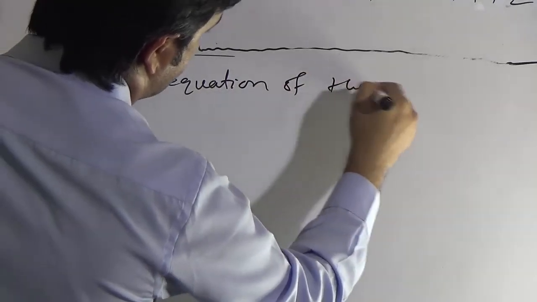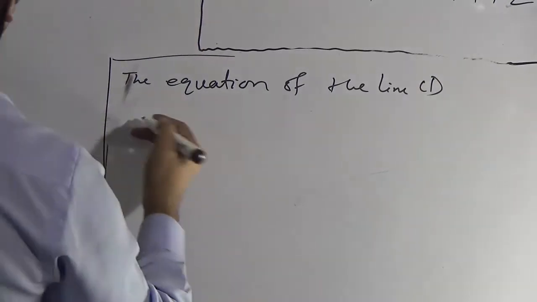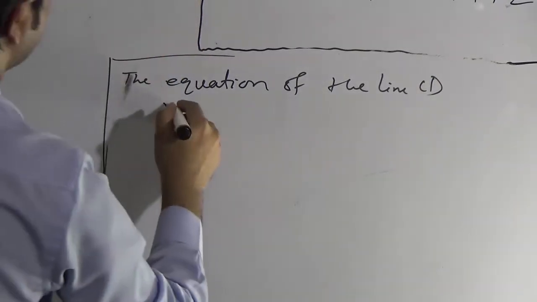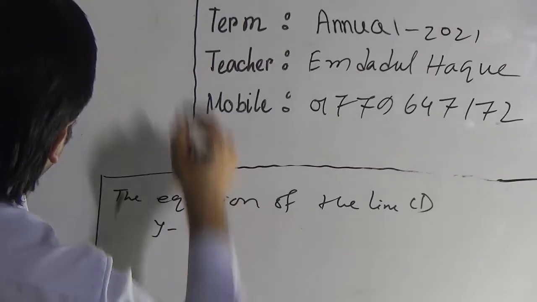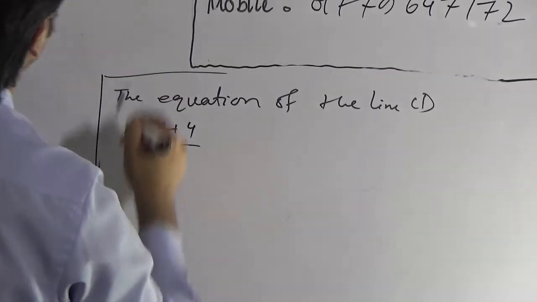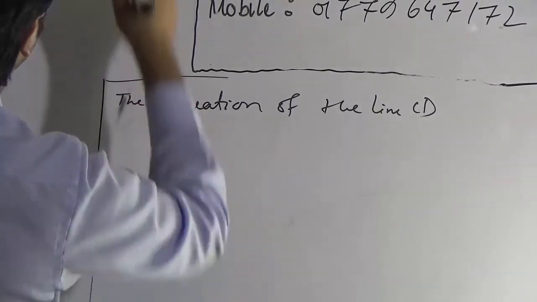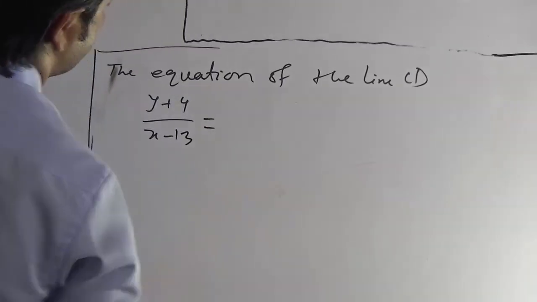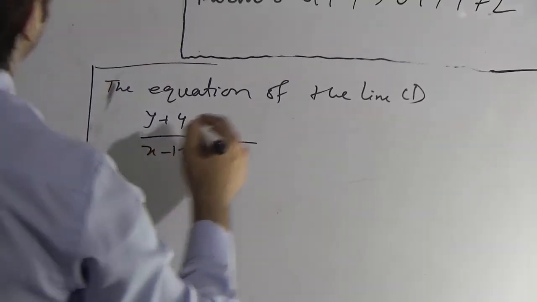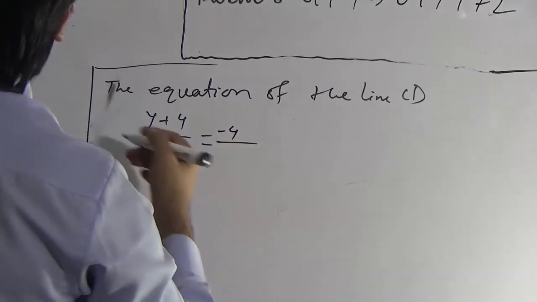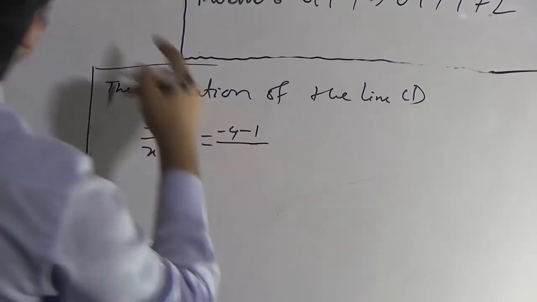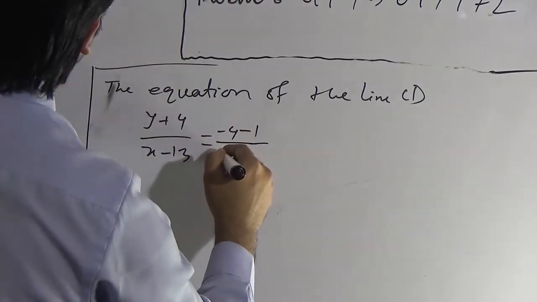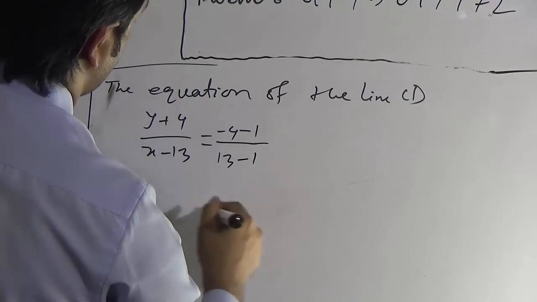CD means we can write y minus y1, y1 is minus 4, that is y plus 4, by x minus x1, x1 is 13, is equal to y1 minus y2, so minus 4 minus 1, and here x1 minus x2, 13 minus 1.